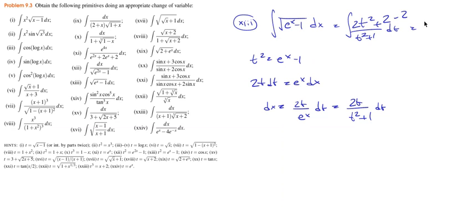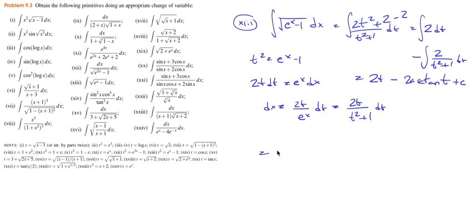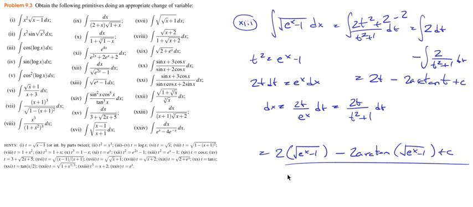So this is the primitive of 2 dt minus 2 over t squared plus 1 dt, and this is 2t minus 2 the arctangent of t plus c, which is 2 times the square root of e to the x minus 1 minus 2 the arctangent of the square root of e to the x minus 1 plus c. That's the integral.